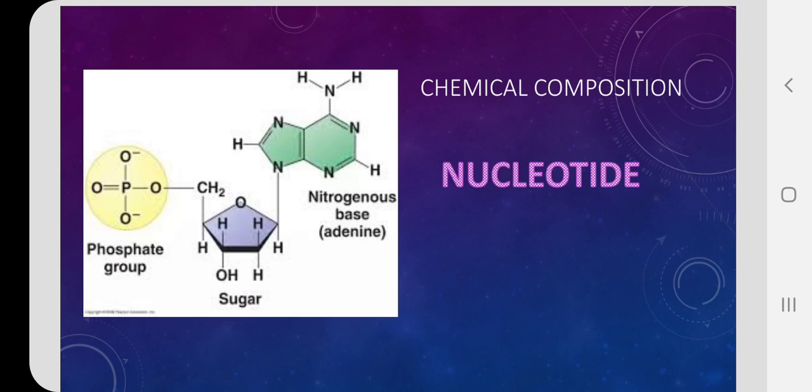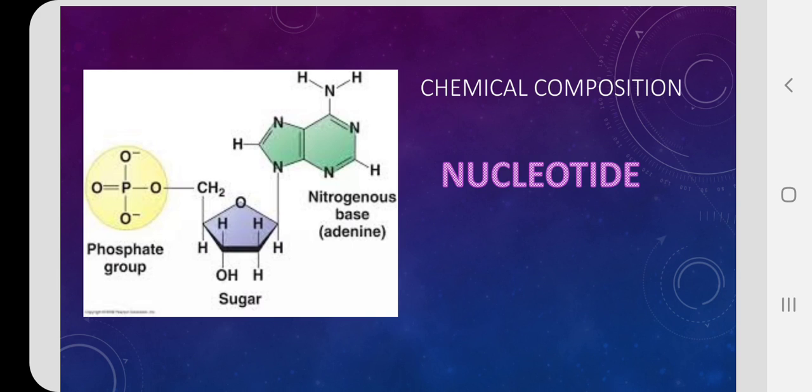It can be anything starting from adenine, cytosine, guanine or thymine. So this is the general composition of a nucleotide, which has three moieties: phosphate group, sugar and bases. Bases can be anything, either purine or pyrimidine, so its name also varies.